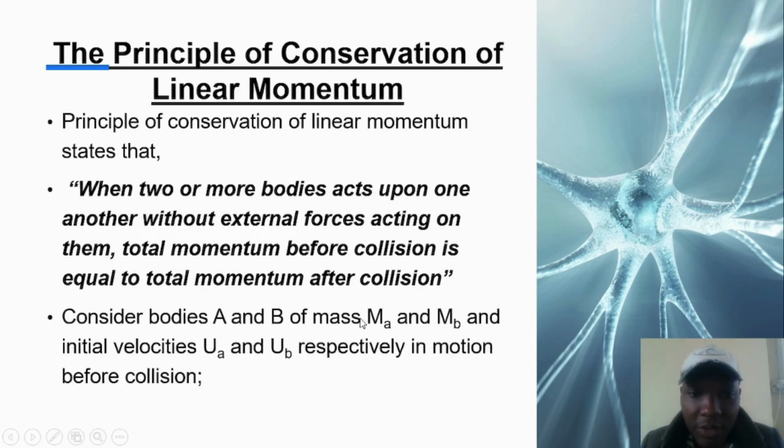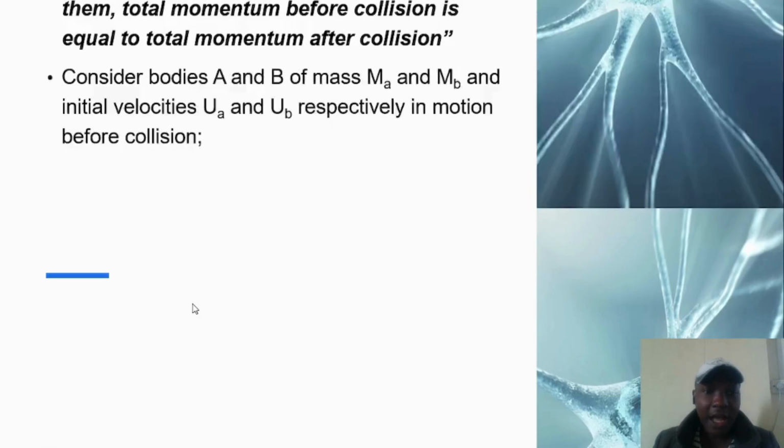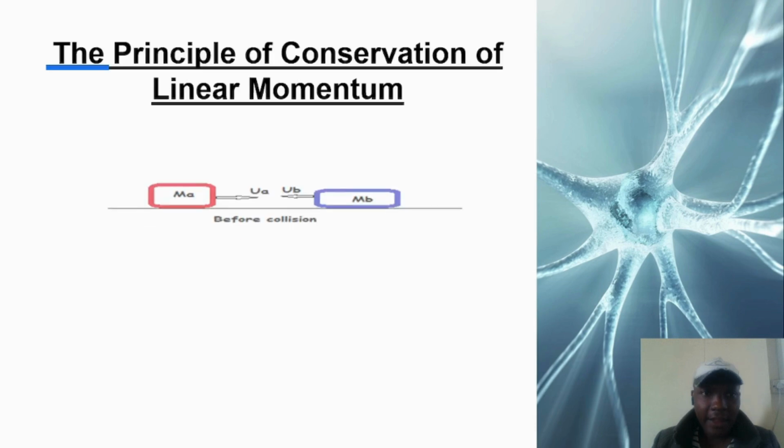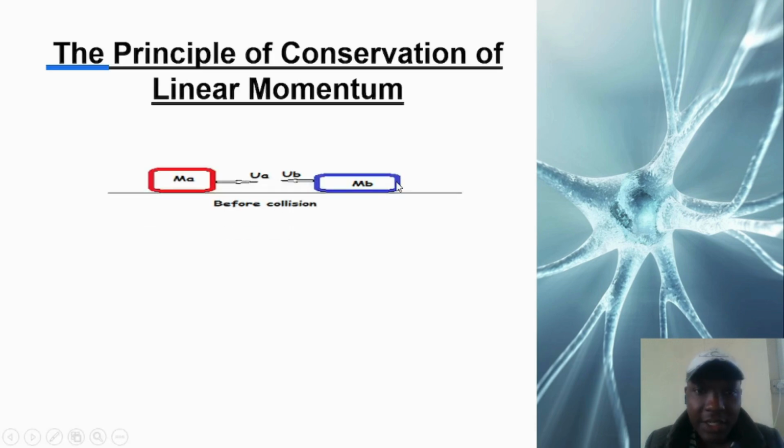Now consider bodies A and B of masses mA and mB, at initial velocities uA and uB respectively, in motion before collision. As you can see here, mass A is moving in this direction at uA, and mass B is moving in this direction at uB.